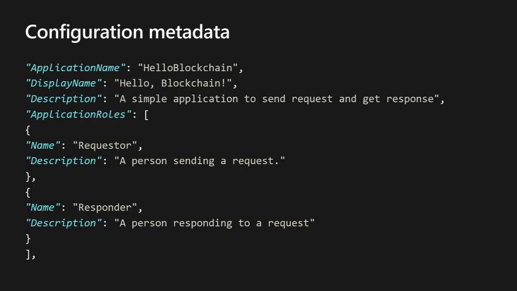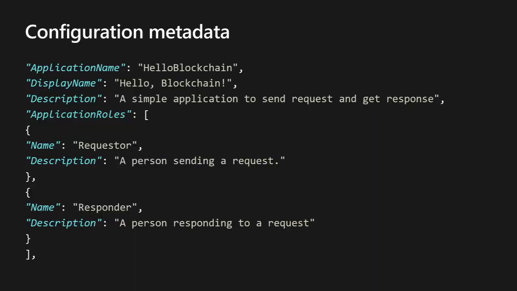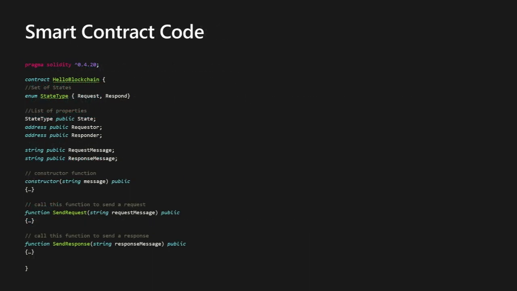Another element that is relevant is the workflow. The various workflows represent the smart contracts themselves. Obviously, we need the smart contract itself. Now, this is a very simple smart contract.